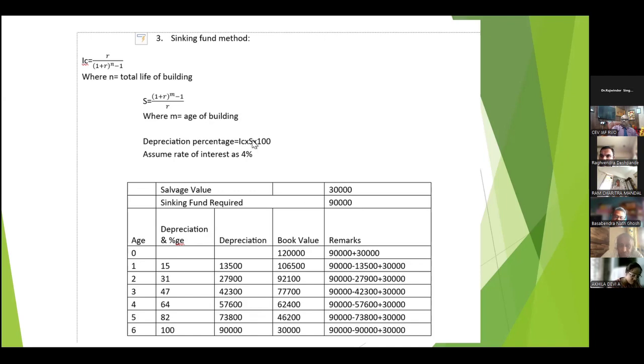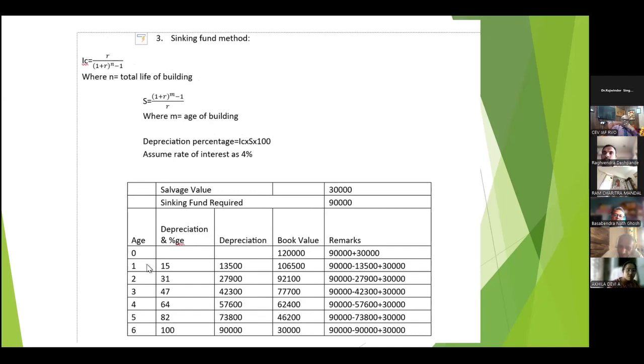So now if you calculate by using this formula, you can calculate IC in the Excel, and also in the Excel you can calculate these two values. You multiply them, IC into S into 100, that is the percentage.